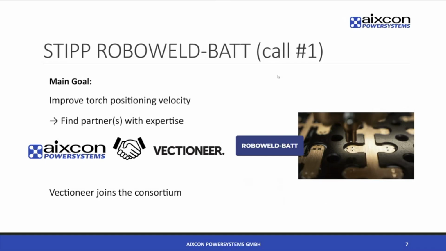We applied for call 1. The main goal, as I said earlier, was to improve the torch positioning velocity. We did it with a partner from Maastricht, Vectioneer, and they were very helpful in improving the torch positioning velocity issue that we had.